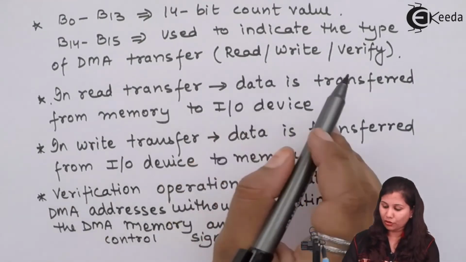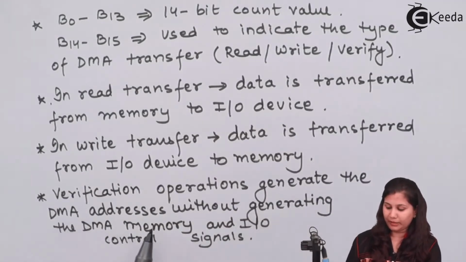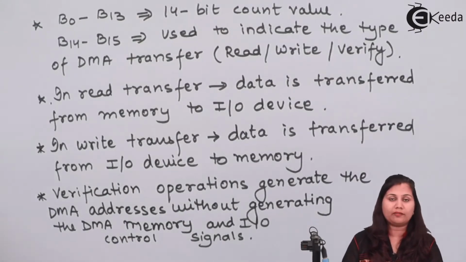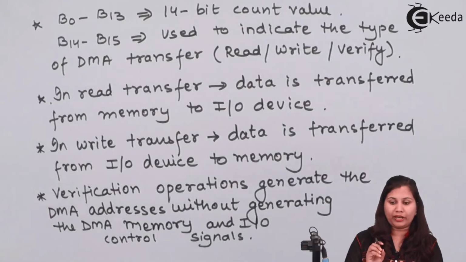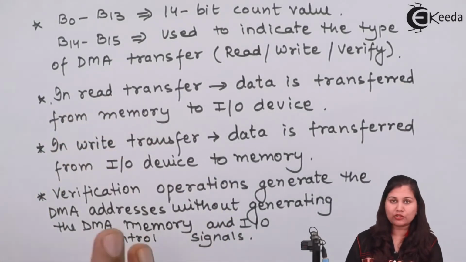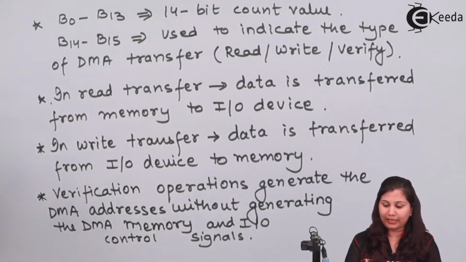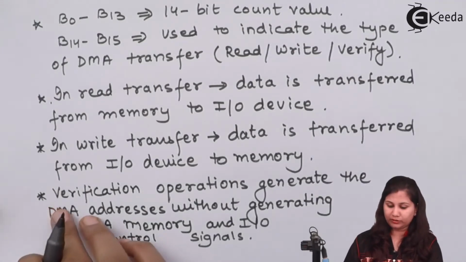Verification operations generate the DMA addresses without generating the DMA memory and input output control signals. Verification operations are involved in verifying the data bits which are transferred by the DMA. So these are the three operations which are performed by the DMA, and that was the count register mode.